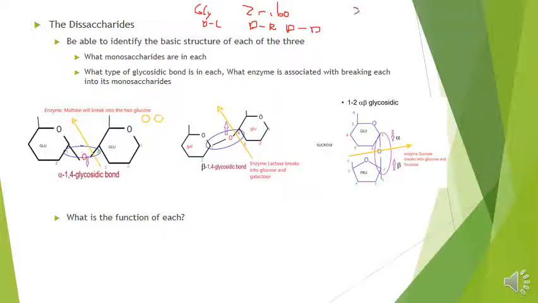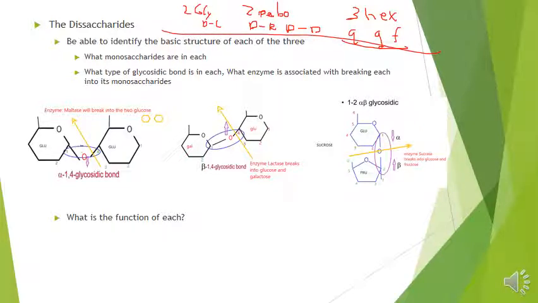These are pentoses, 2 pentoses. And then there are 3 hexoses: glucose, galactose, and fructose, and these are all the D versions.